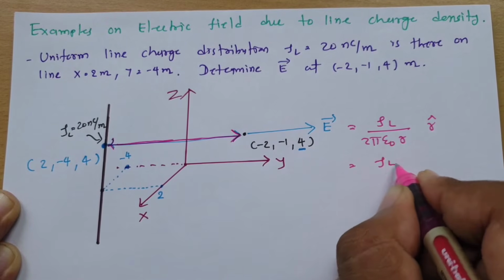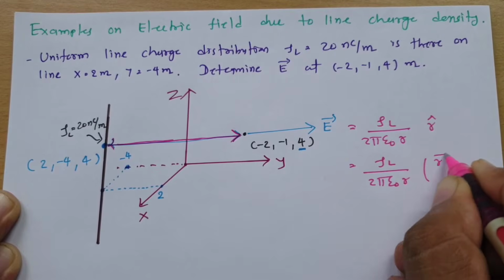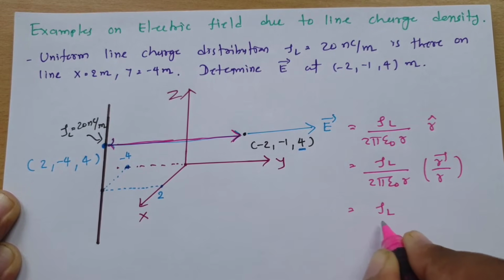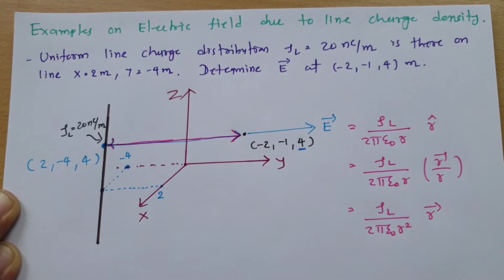The unit vector r is vector r divided by the modulus of r. So this formula changes to rho L divided by 2 pi epsilon 0 r square into vector r direction. Now we need to calculate vector r and the magnitude of r.